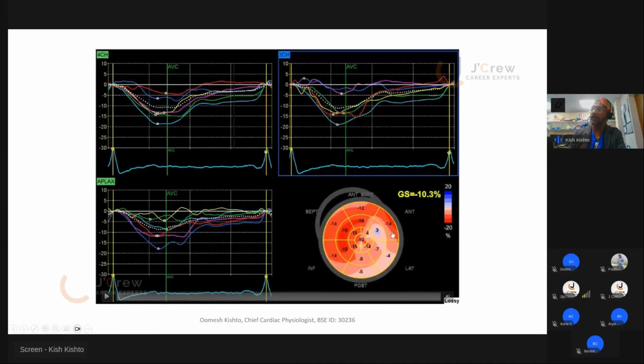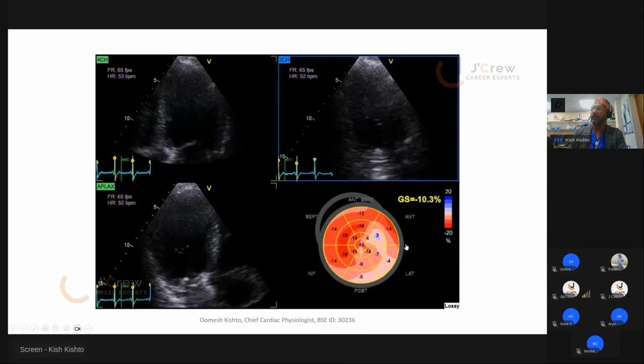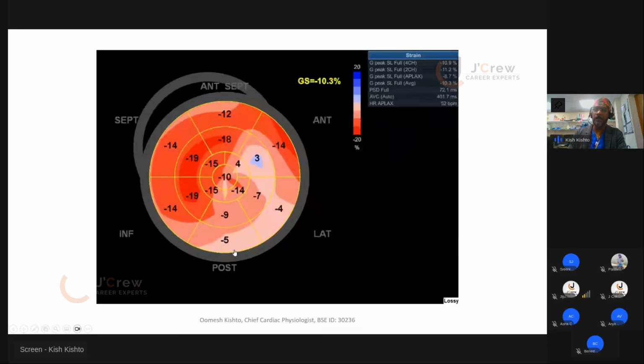And again, you can see here there is badly impaired longitudinal function as well. Although our EF was roughly 48%, this longitudinal function, how the heart is stretching longitudinally, tells you it is severely impaired as well. Okay, so that's in the presence of severe AS.